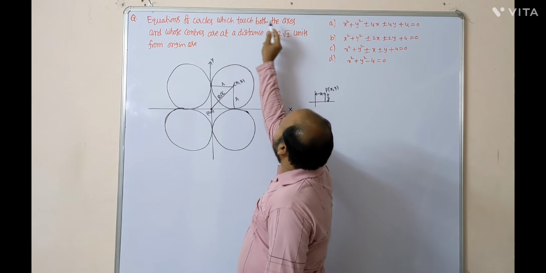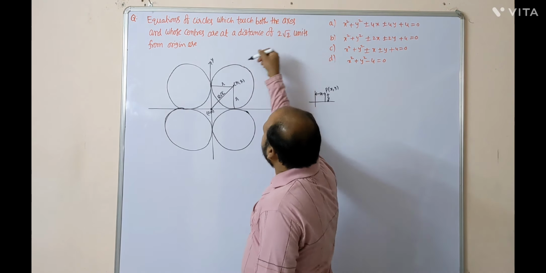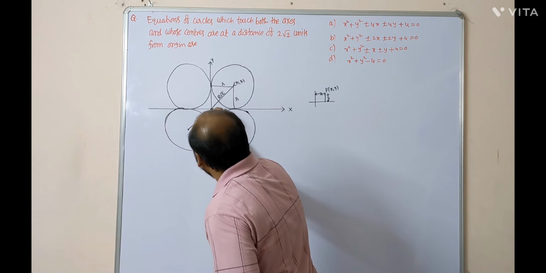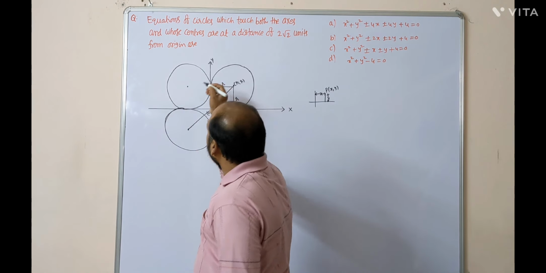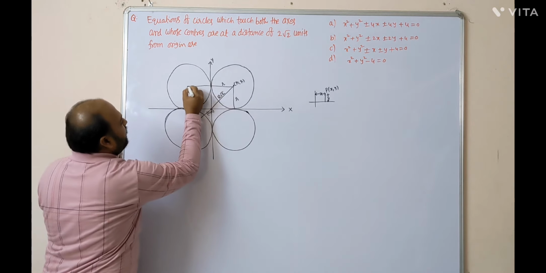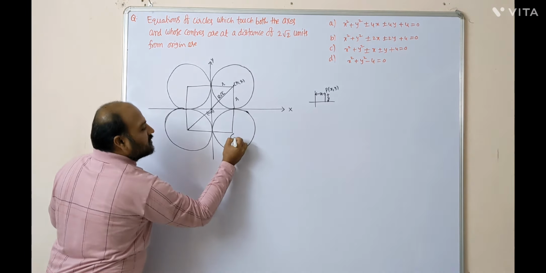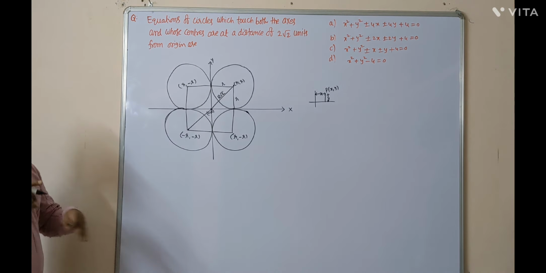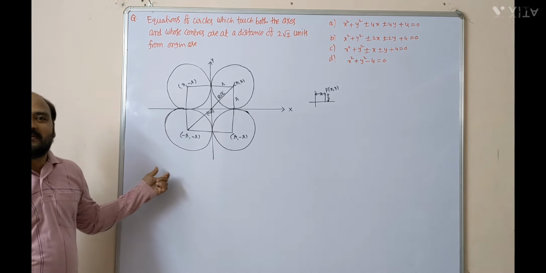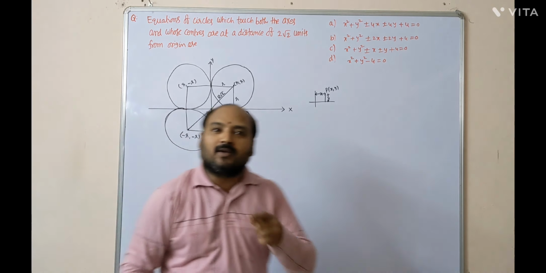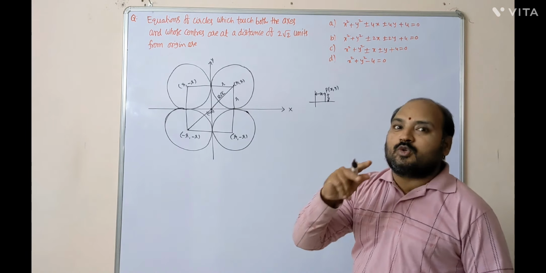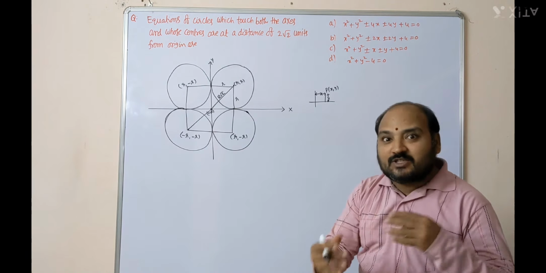The circles which touch both the coordinate axes have centers at a distance of 2 root 2. Here I will write this is plus r comma minus r, this is minus r comma minus r, this is r comma minus r. If you start practicing the questions, it will be very interesting. But focus on what concept is involved in the question. Twice or thrice read the question thoroughly, dear students.